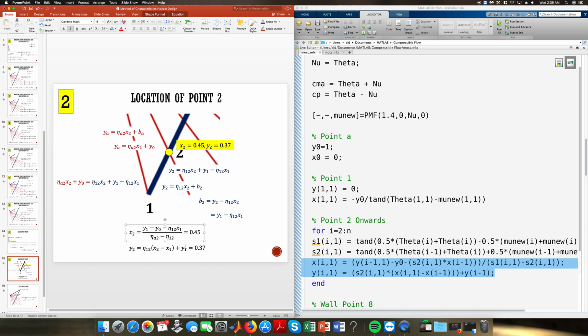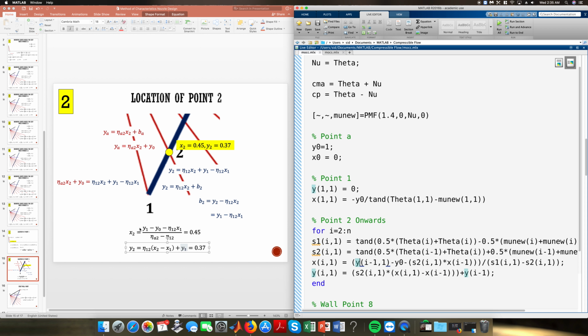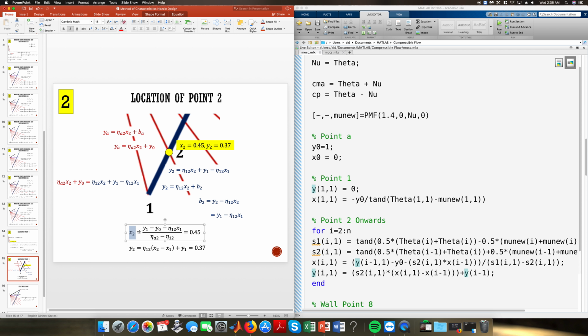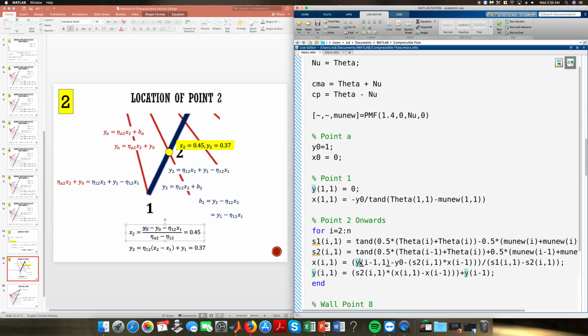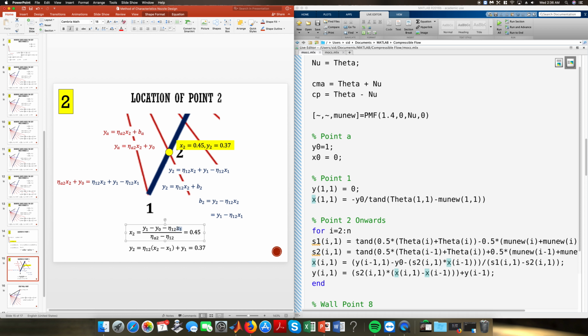If you want x2, then you need the y location of the previous case. So y minus 1, y naught, times s2, the slope, times x I minus 1, because you want the previous x location, which is 0.1 right here, divided by s1 minus s2.